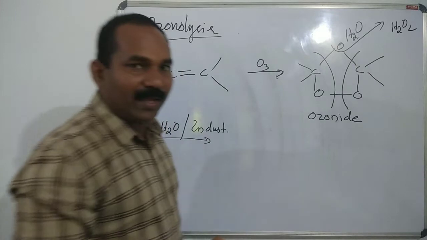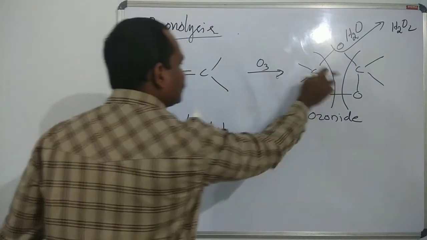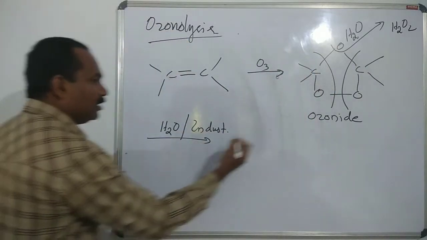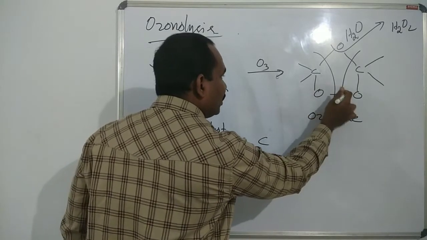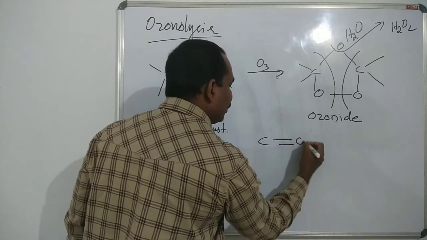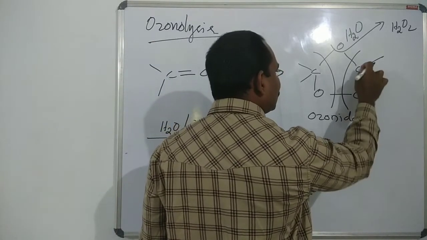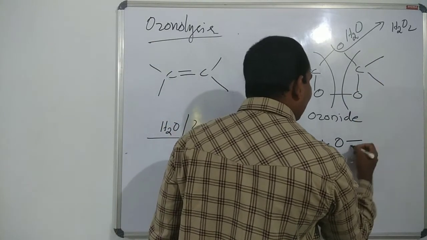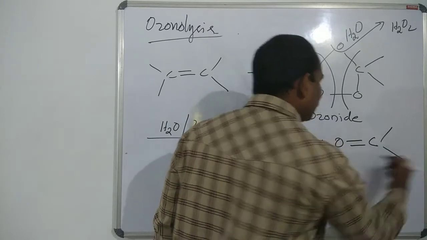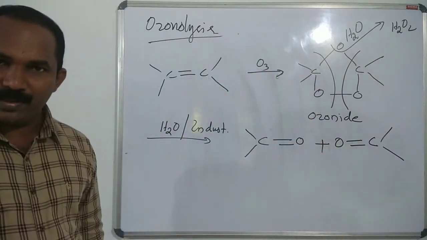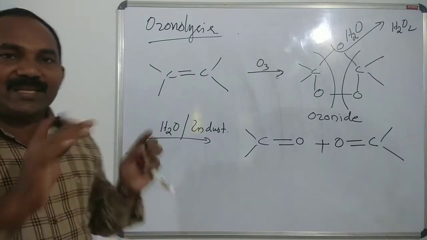A very simple mechanism, and we get C. The bond comes to this side, C double bond O, 2 valencies, plus this side also C double bond O, then we can write O double bond C, 2 valencies. This is the general equation.